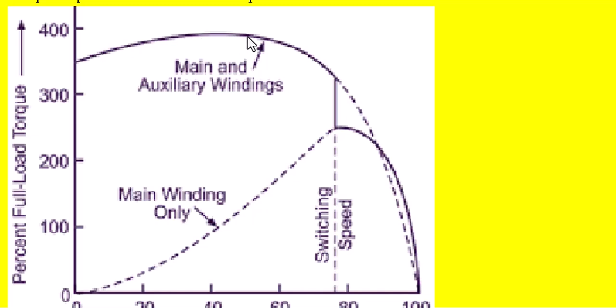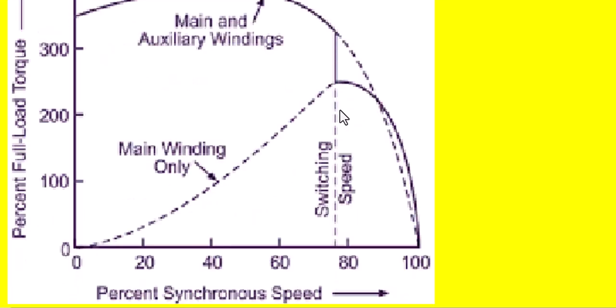So with both the main winding and auxiliary winding present, and once the rotor reaches 75% of the rated speed, like at this point, the centrifugal switch automatically opens. In that condition, only the main winding is present, so the main winding will provide a lesser torque like this, and this is enough for the rotor to continue to run.